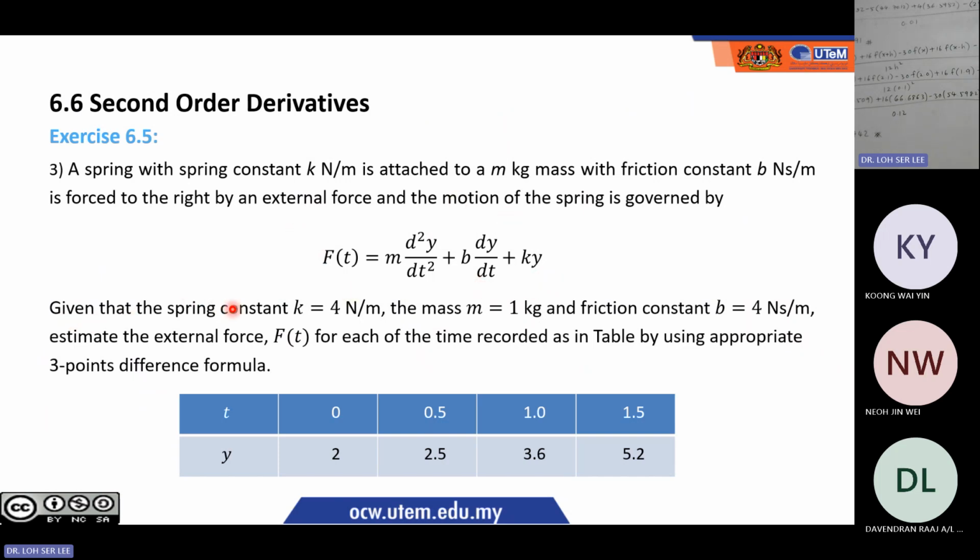Okay, now given that K is 4, m is 1, B is 4. Estimate the external force for each of the time recorded as in the table by using appropriate 3 points difference formula.